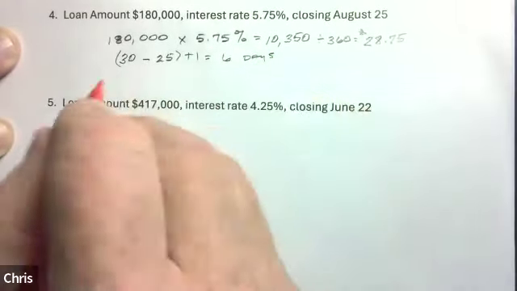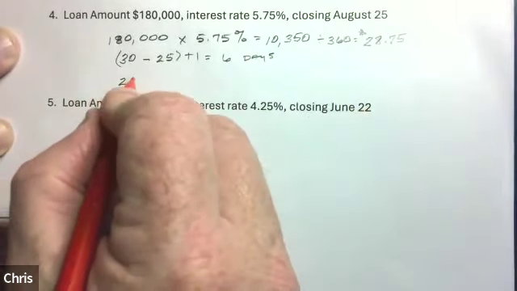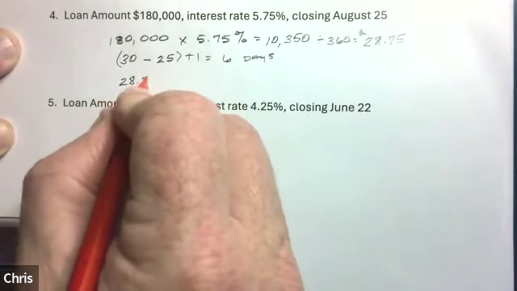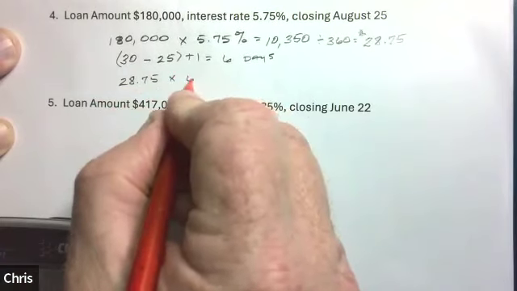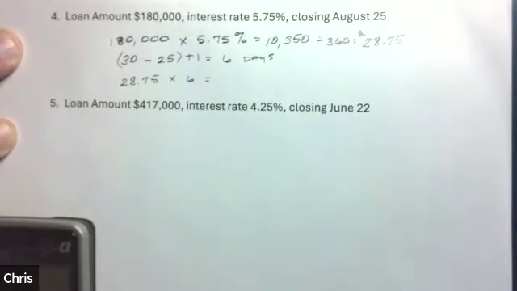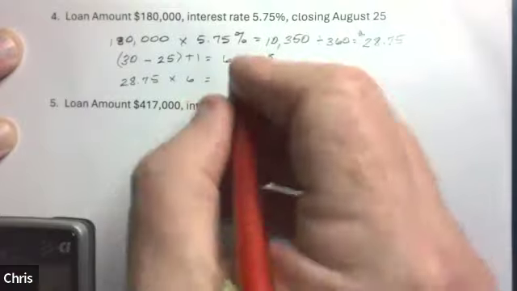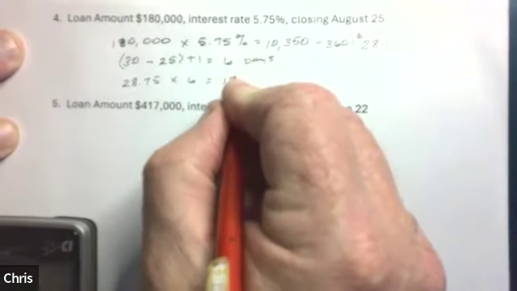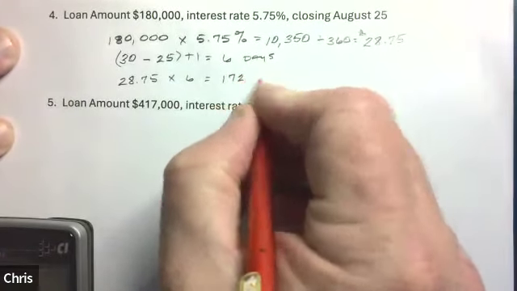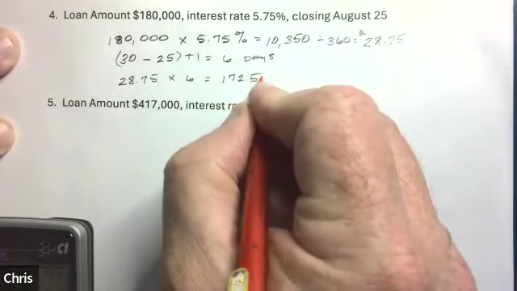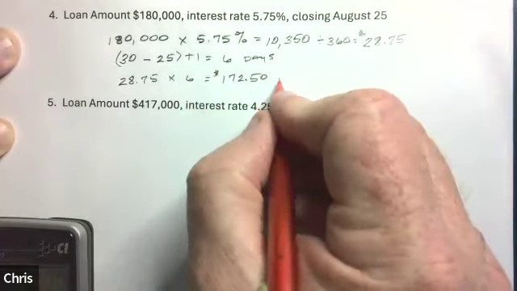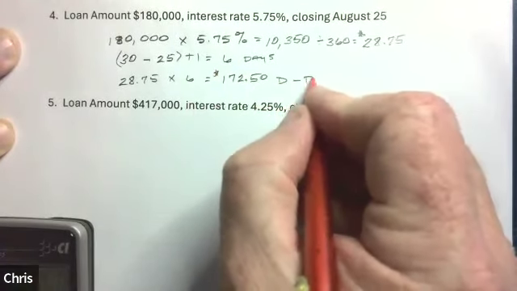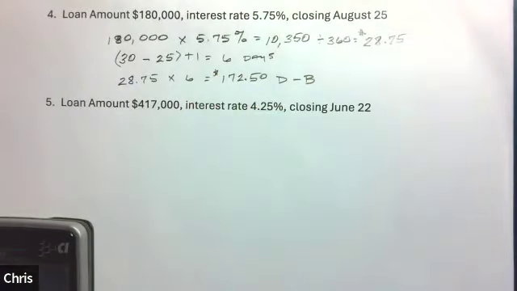And then you have 28.75 times 6 days equals $172.50. And by now, hopefully you're getting familiar with the fact that interim interest is always a debit to the buyer.